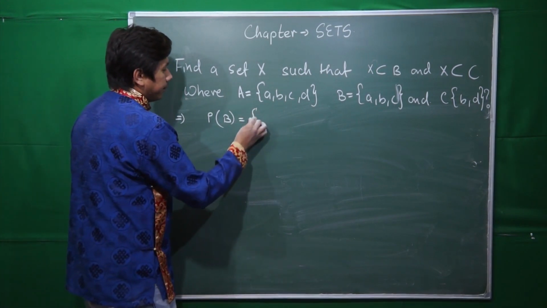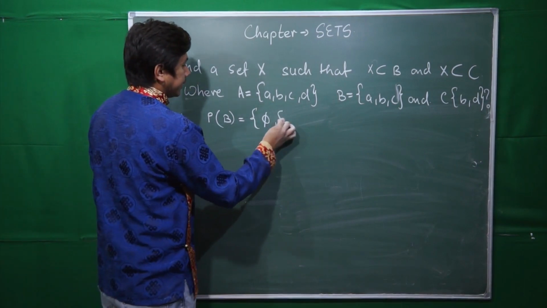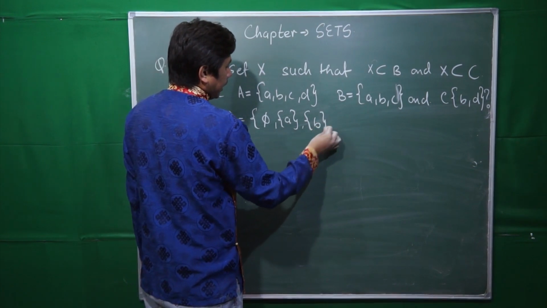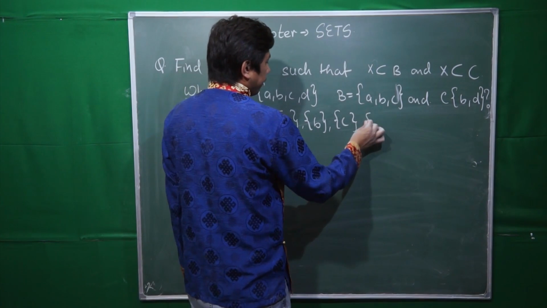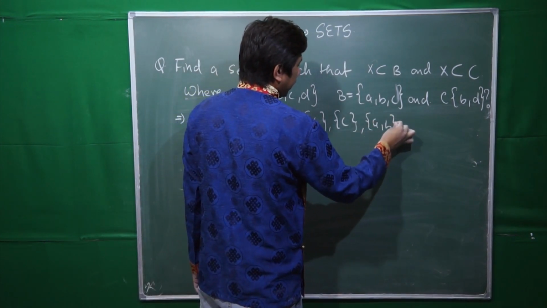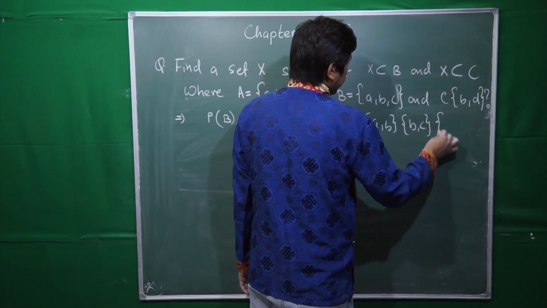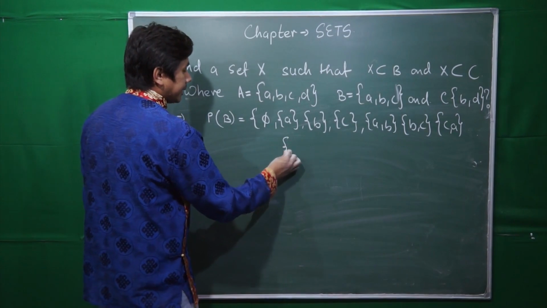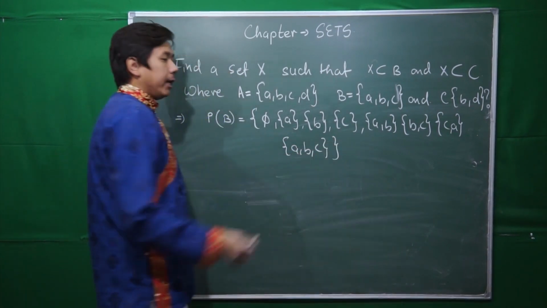What is the power set of B? It equals a null set. As always, we have singleton sets {a}, {b}, and {c}. Likewise, we have the combinations {a, b}, {b, c}, and {c, a}, and the last one, the set itself, {a, b, c}. Set being closed.